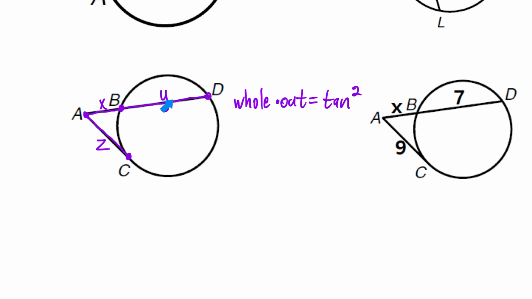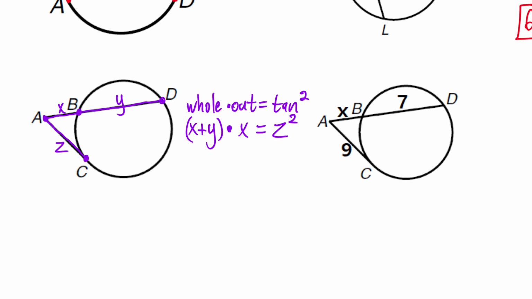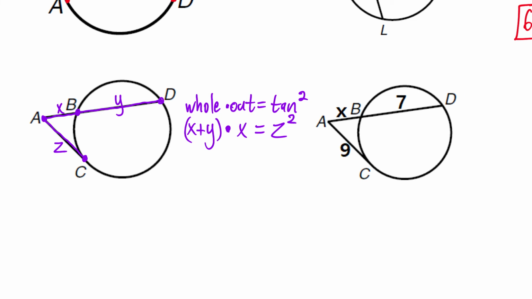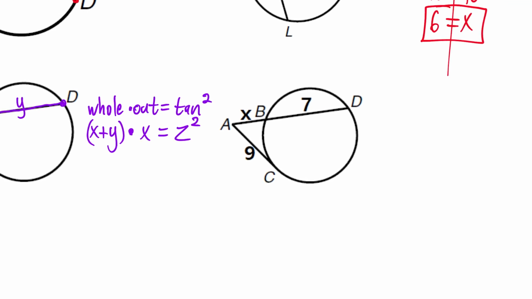So how long is this whole segment from here to here? x plus y, times how long is the outside piece? x, equals how long is the tangent piece? z. So that's just the general form of it.